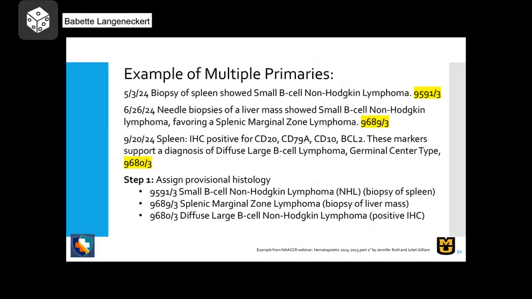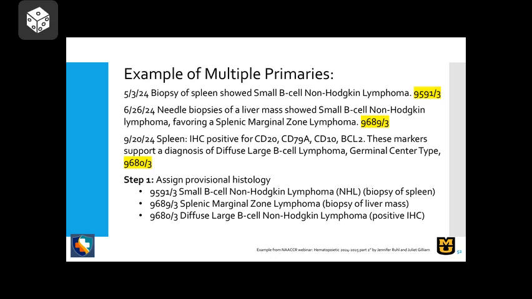Example of multiple primaries. On May 3, 2024, biopsy of the spleen showed small B-cell non-Hodgkin lymphoma. On June 26, 2024, needle biopsies of a liver mass showed small B-cell non-Hodgkin lymphoma, favoring a splenic marginal zone lymphoma.